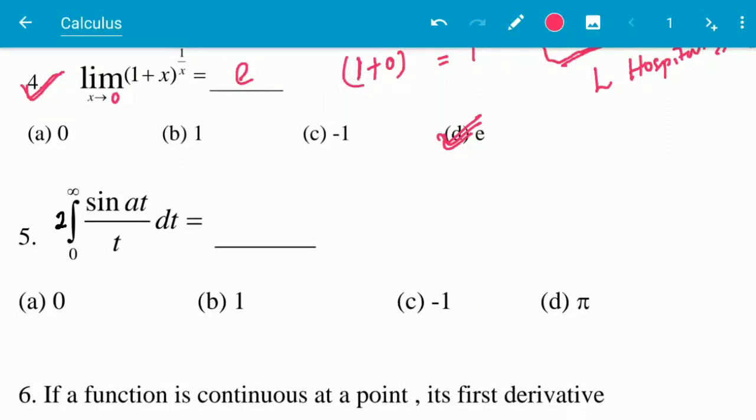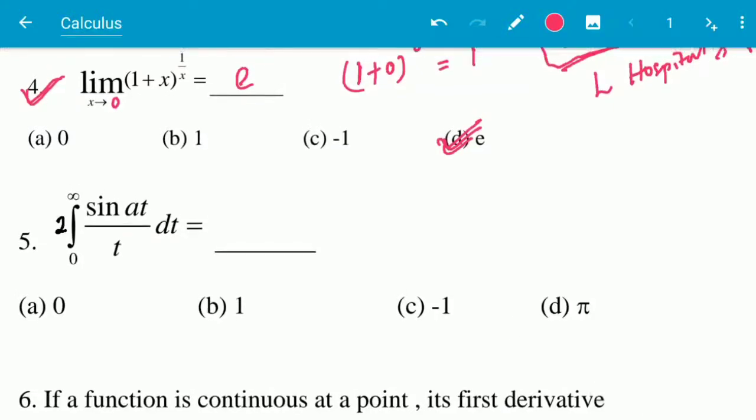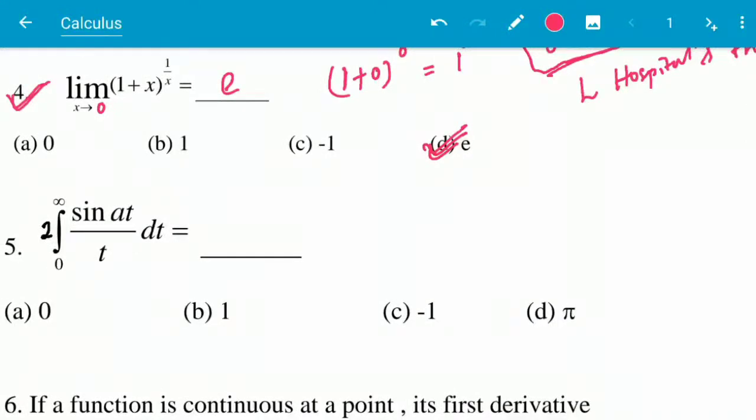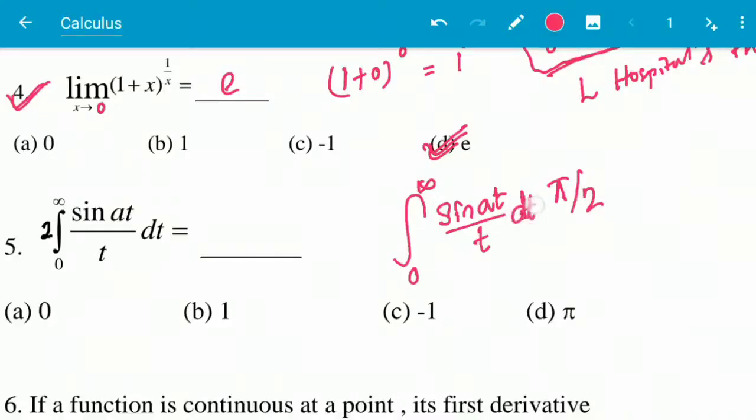Next question: 2 into integration from 0 to infinity of sin at by t dt. This is also considered a formula: integration from 0 to infinity of sin at by t dt is equal to pi by 2.